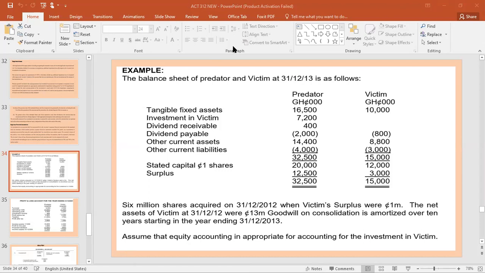Somebody may say that he is not going to take that particular 13,000 they are talking about, but no, let's leave it over there and go by that. So you get 6,500. The difference between 6,500 and 7,200 is how much?